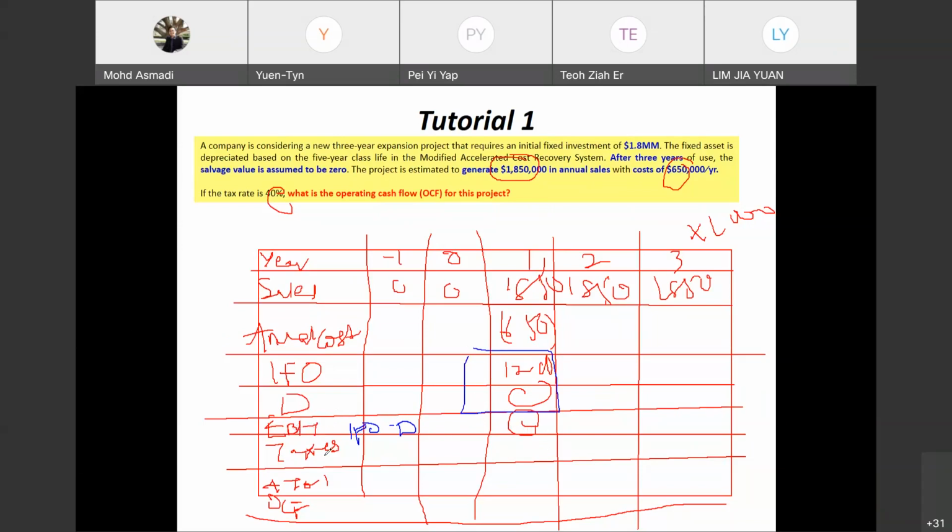And then once you get the EBIT, you have to calculate tax: times 40%. So you can get this value. So 1 minus T times EBIT.